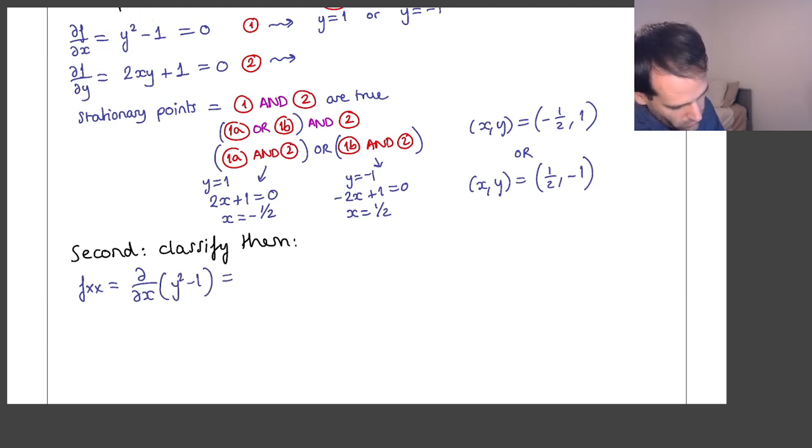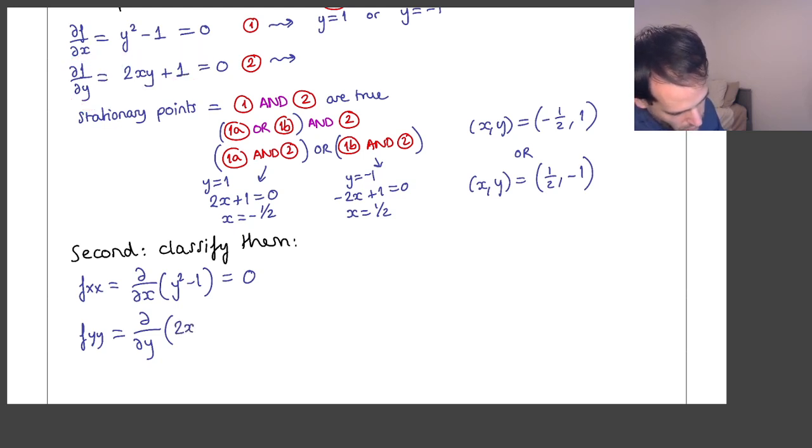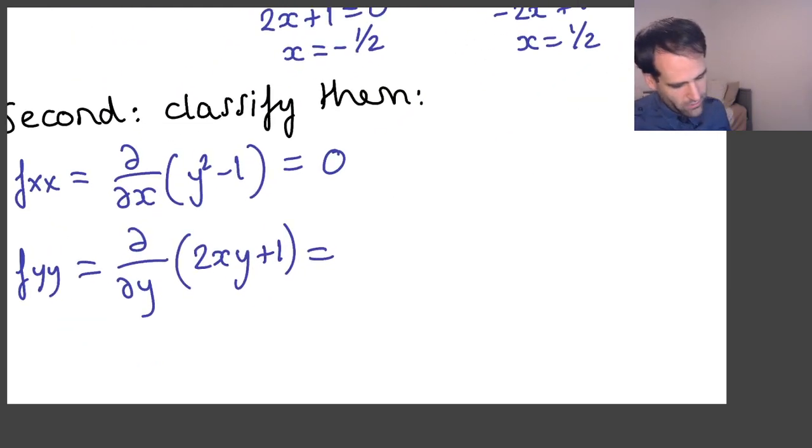This is equal to 0 because there are no x's involved. Then fyy is the partial with respect to y of 2xy plus 1, which is equal to 2x plus 0.